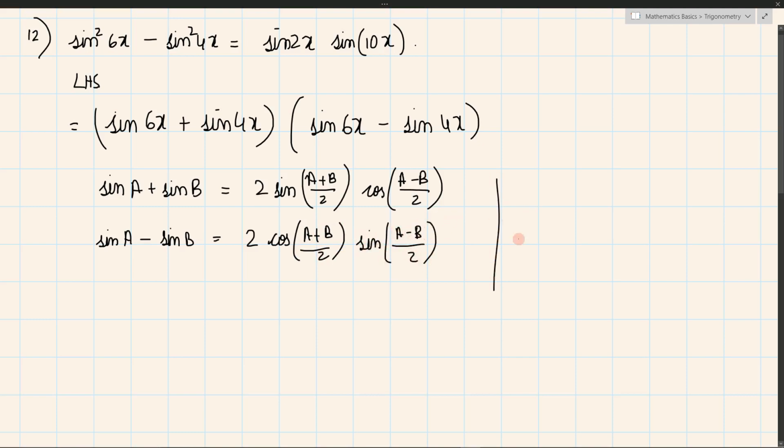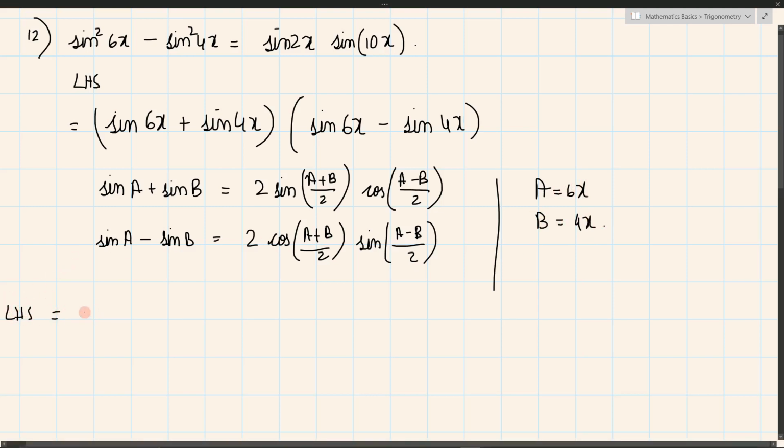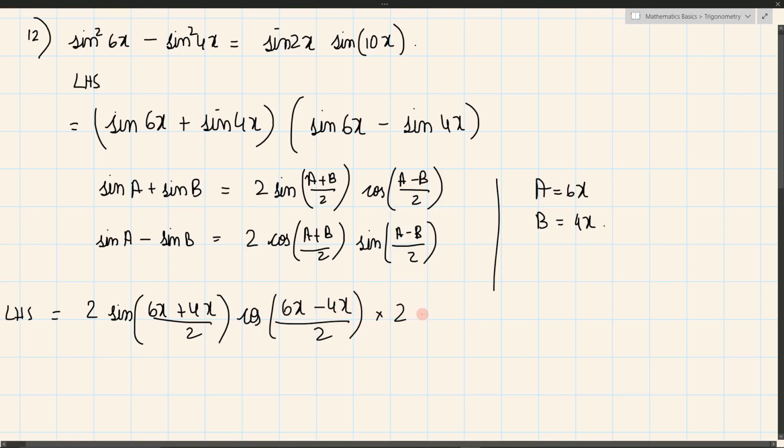So here a is equal to 6x and b is equal to 4x. If we substitute this, the LHS will be equal to 2 sine of (6x plus 4x) divided by 2 and cos of (6x minus 4x) divided by 2 into 2 cos (6x plus 4x) divided by 2 and sine of (6x minus 4x) divided by 2.